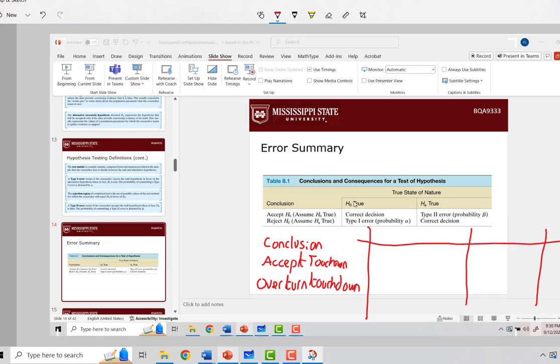But in fact, this is the true state of nature. H0 is true, so it is a touchdown. But here HA is true, so it's not a touchdown.